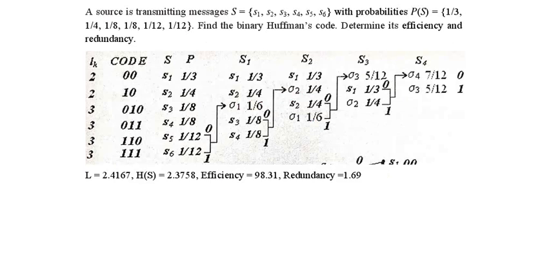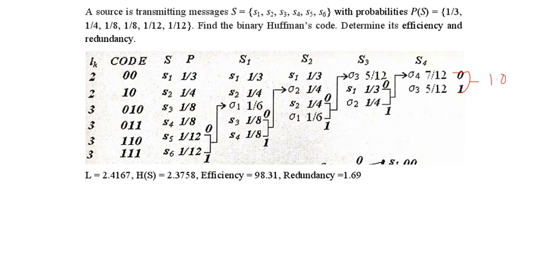Every time we should assign 0 to the highest probable among the two and 1 to the least probable among those two symbols. Finally O4 we got, that is 7/12, and O3 is 5/12. If you combine both of them, it will be 12/12, that is 1. Further if you combine, we will get probability 1.0.